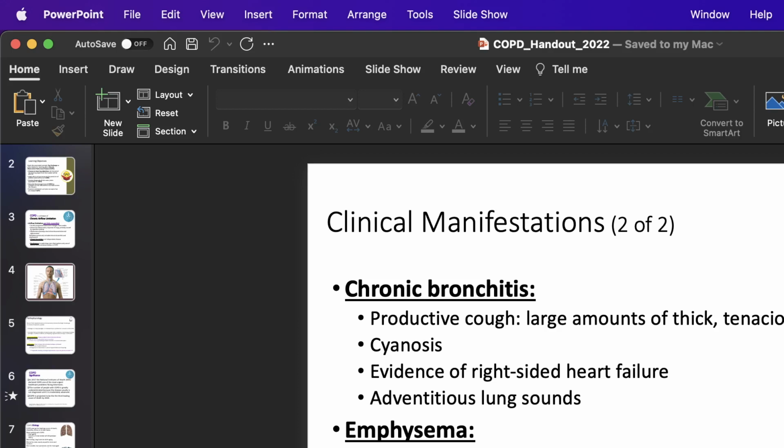All they mean by that is an increase in anterior to posterior diameter. Just means that it's increased, it's wider. They become barrel shaped. Their upper body looks like a barrel. It's round. And so when you're trying to auscultate those lung sounds, it's so hard to hear them. They sound really far away, and they are because the lungs are so hyperinflated.